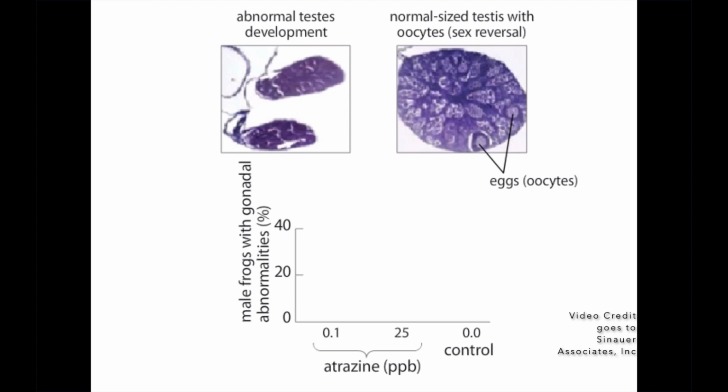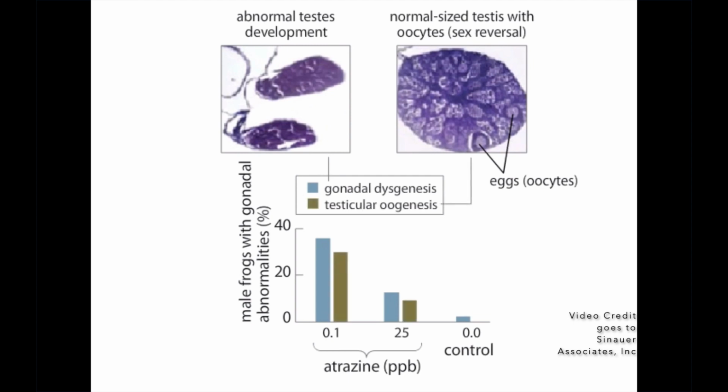Under these controlled conditions, 36% of the frogs from the lowest atrazine treatment and 12% of the frogs from the highest treatment showed an abnormal testes development called gonadal dysgenesis. A single frog from the control group showed gonadal dysgenesis. Similarly, 29% and 8% of the treated frogs, but none of the control frogs, had oocytes in their testes.